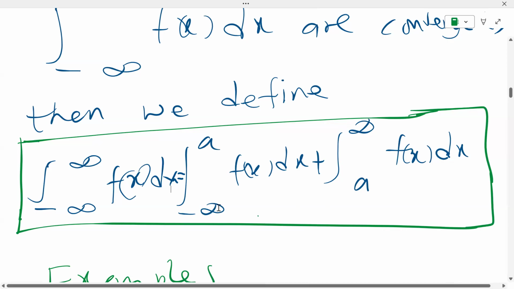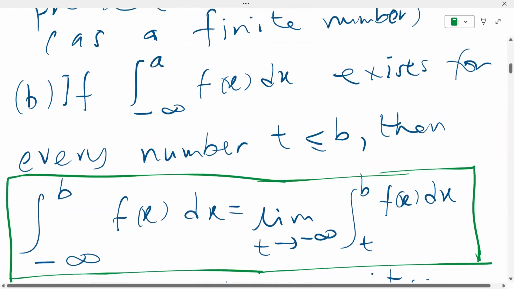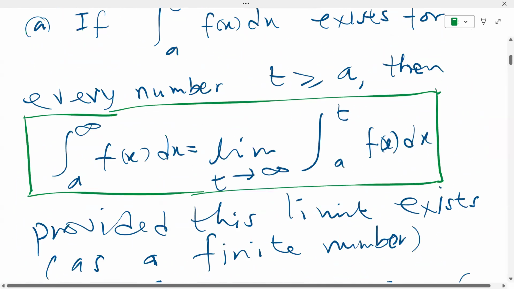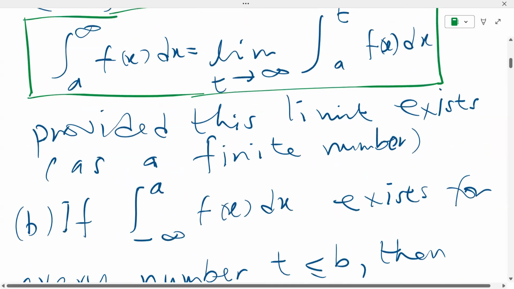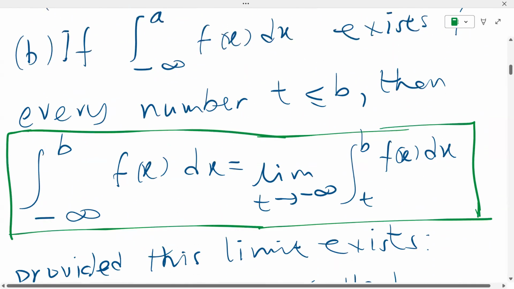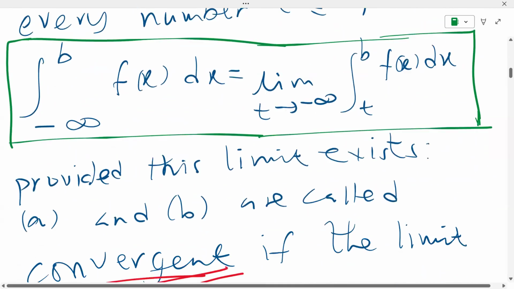Then we'll write it this way. So kindly take note of these three definitions: A, B, and C.